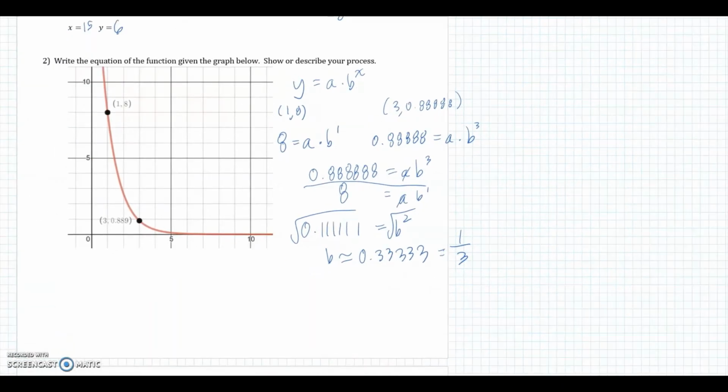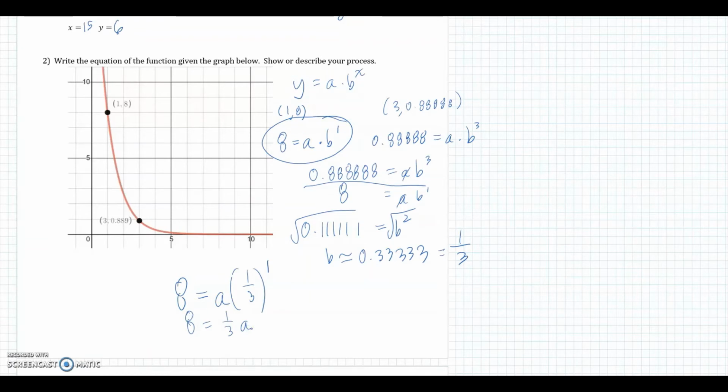So then, if I know b, I can substitute that into either equation to figure out a. So I'm going to use 8 equals a times 1/3 to the 1. I used this equation right here. Well, anything to the first power is just itself, so I end up with 8 equals 1/3 times a.